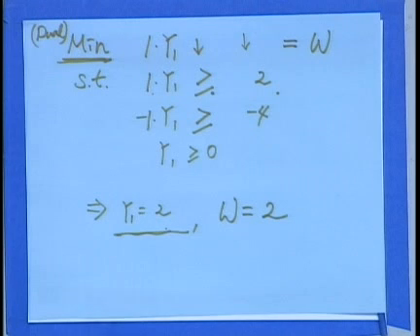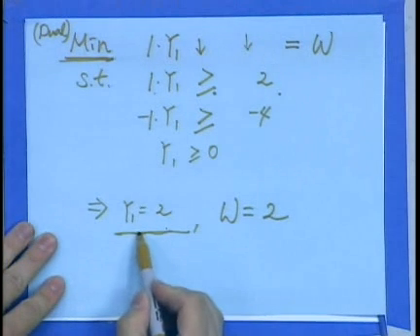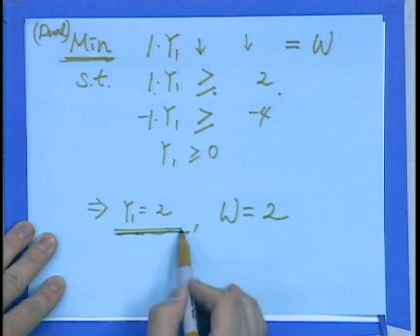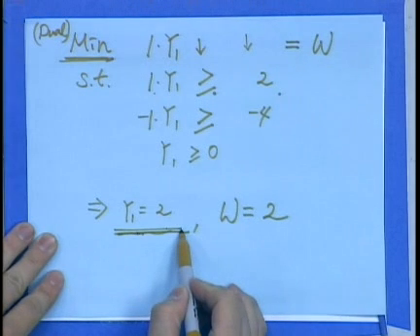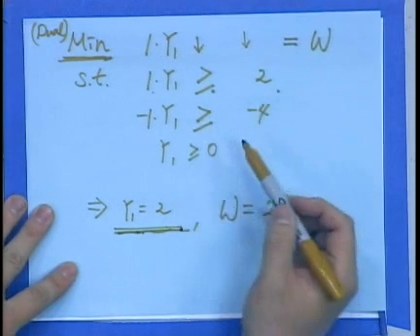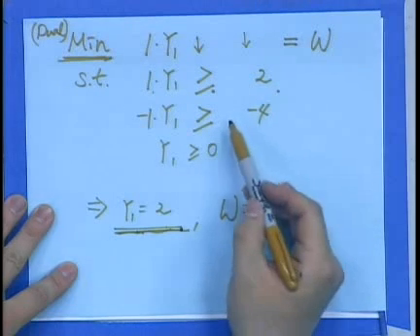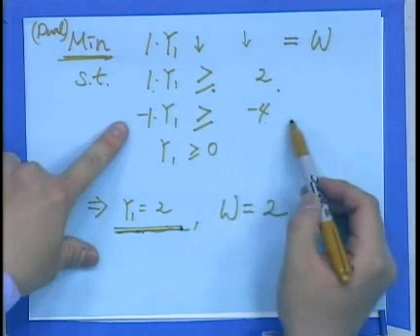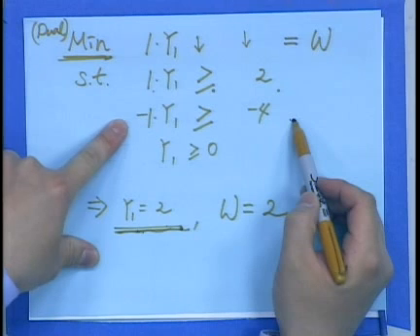So at the dual optimal point, which is y1 equals 2, the second dual constraint is not a binding constraint. Is that correct?